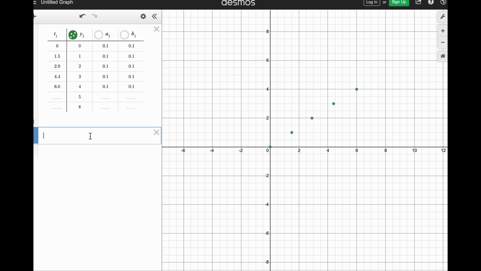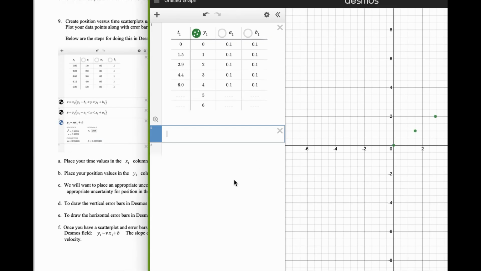Okay, then down below you have to tell Desmos to show the error bars. It says use x equals x1 times y1 minus b1. Okay, so what this is, it's just telling it a range to make like a line segment with. But if you just copy that code, it'll do it.